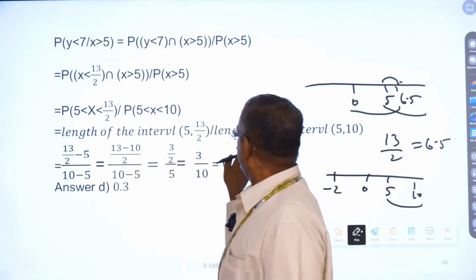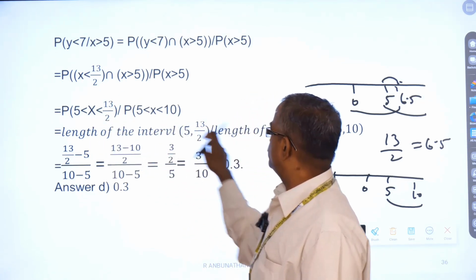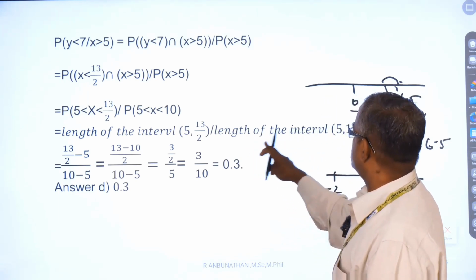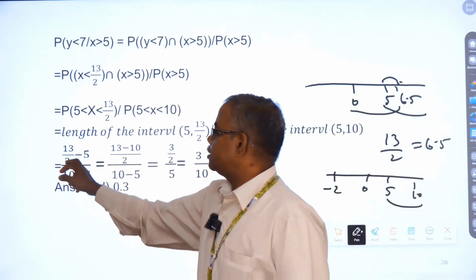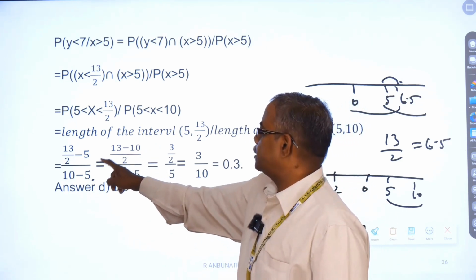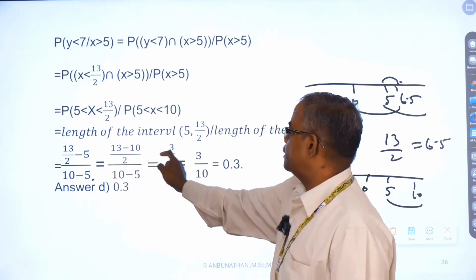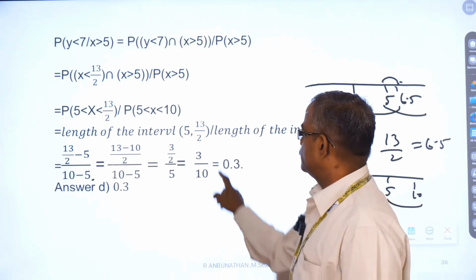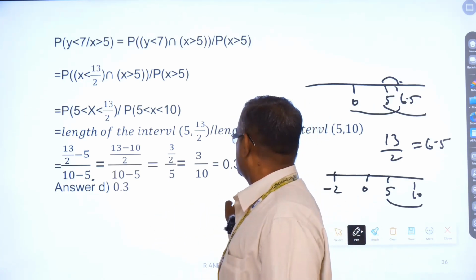According to the earlier formula, the numerator is the length between 13 by 2 and 5, and the denominator is the length of the interval between 5 and 10. So this is 13 by 2 minus 5, divided by 10 minus 5. Taking the LCM, 13 minus 10 over 2 gives 3 by 2, divided by 5, which is 3 by 10. This is nothing but 0.3. Therefore, answer D is the correct one.